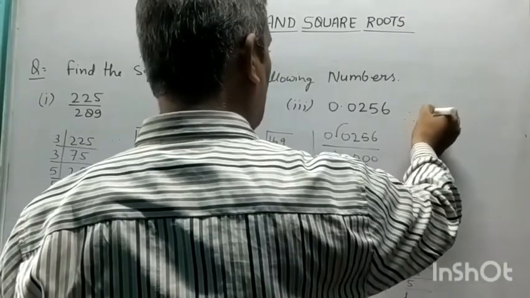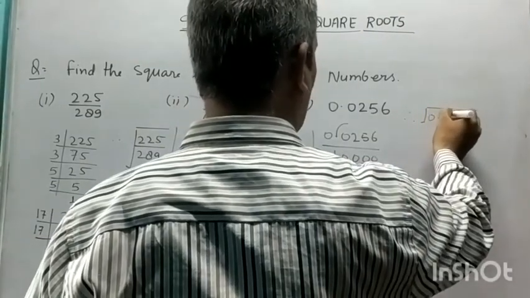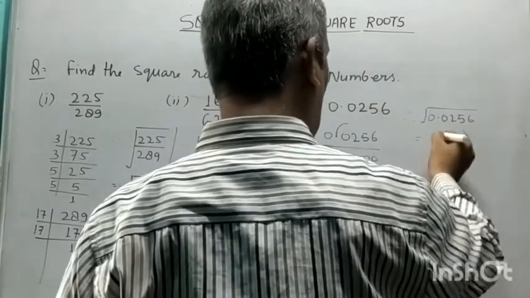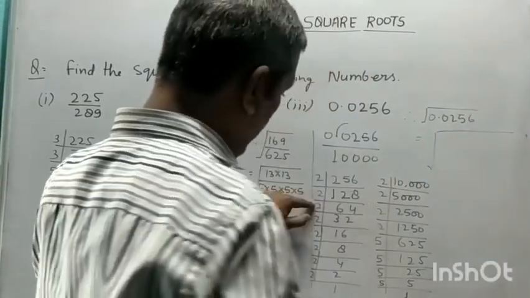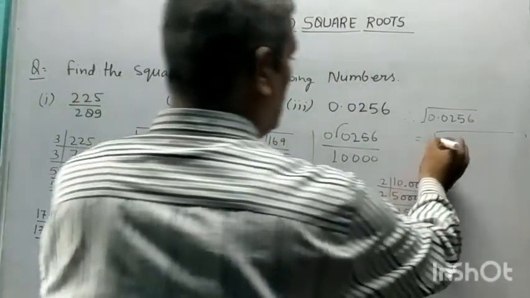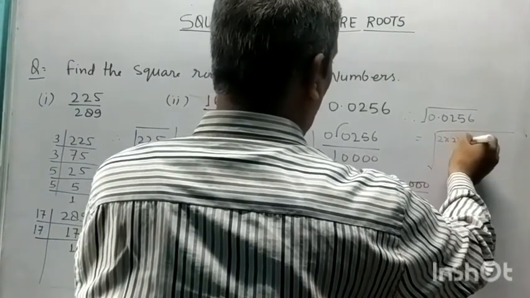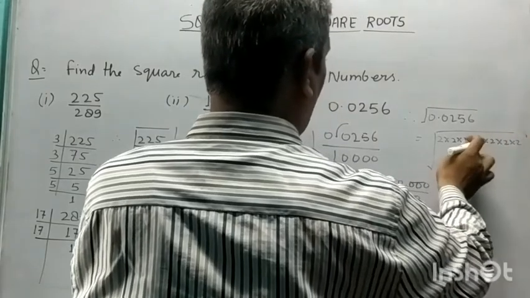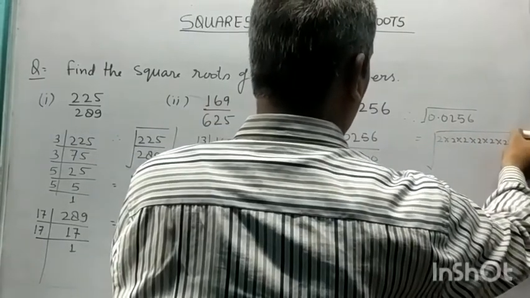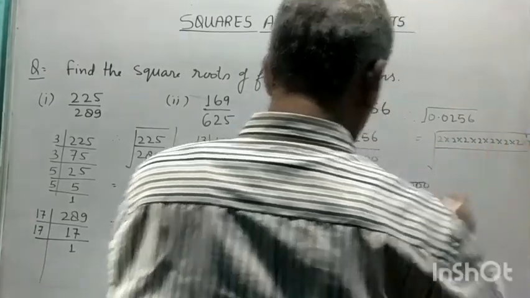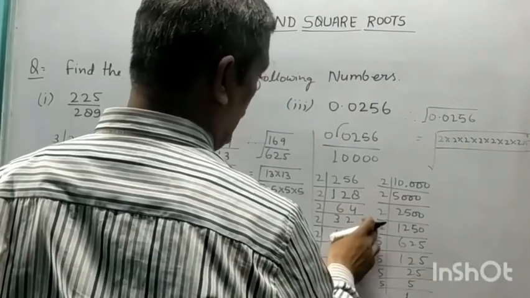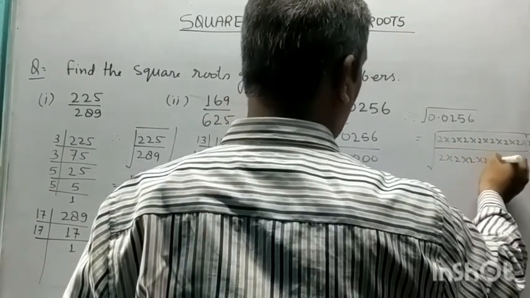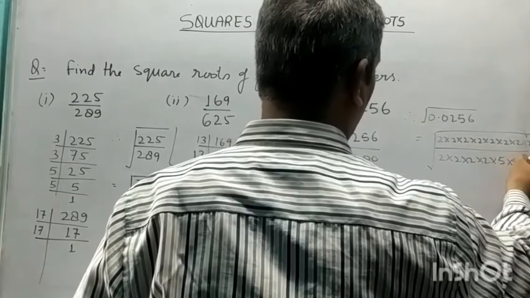Therefore, the square root of 0.0256 equals the square root of 256 upon 10,000, which is 2 multiplied 8 times upon 2 multiplied 4 times and 5 multiplied 4 times.